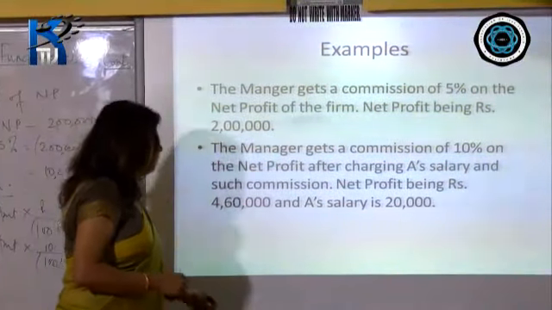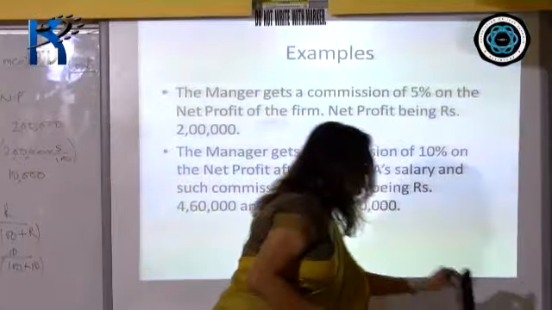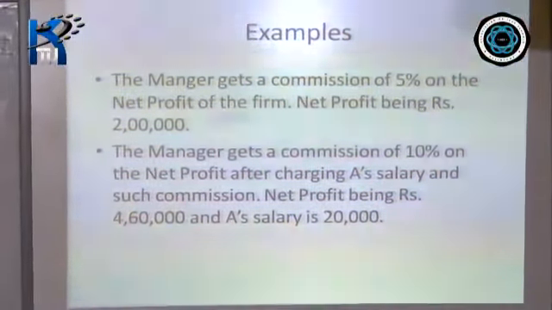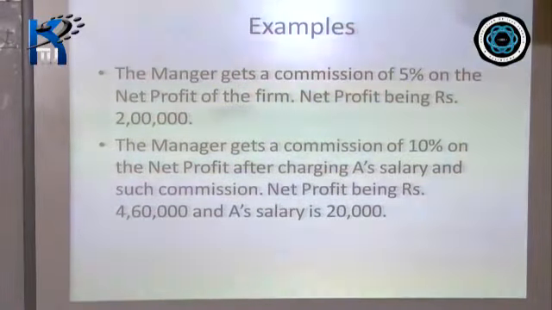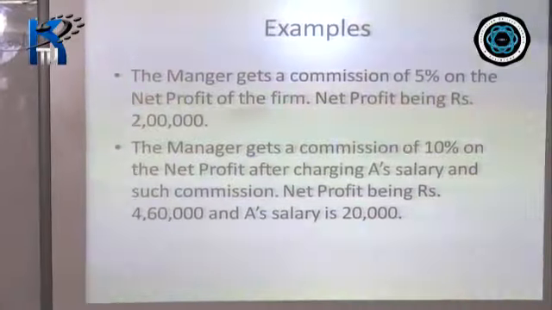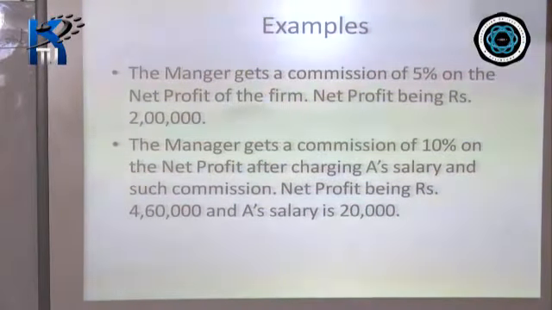Now let's take up this whole concept in detail, how to go about it and how we are going to represent it through an account. First of all, it is given net profit after charging A's salary and such commission.